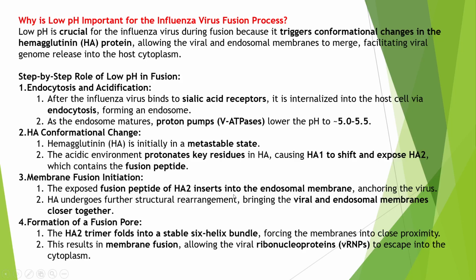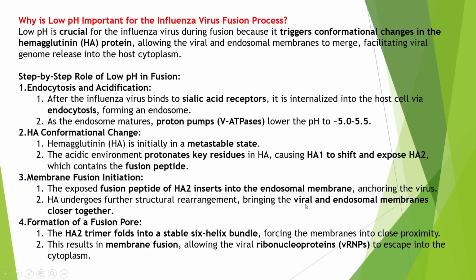So the HA2 inserts into the endosomal membrane, anchoring the virus. This holds the virus onto the host. Now, this will help in insertion of the genetic material. Now the HA undergoes further structural rearrangement. After anchoring the virus into the endosomal membrane, further structural rearrangements occur in the hemagglutinin protein.